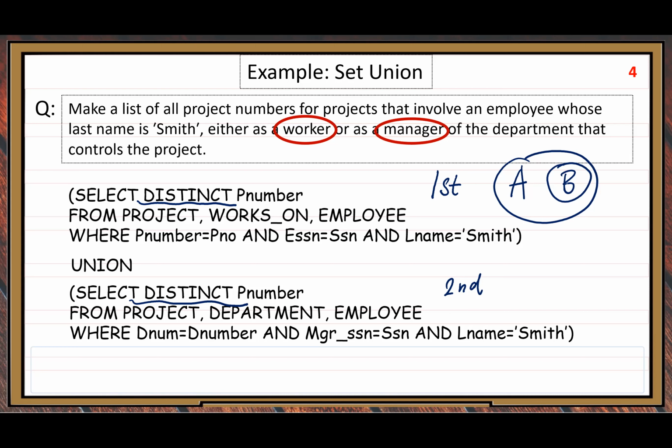They are union compatible because there is only one attribute, P number, with the same name and same spelling. No order issue, only one, so the order is also the same. It satisfies all the union compatible conditions.